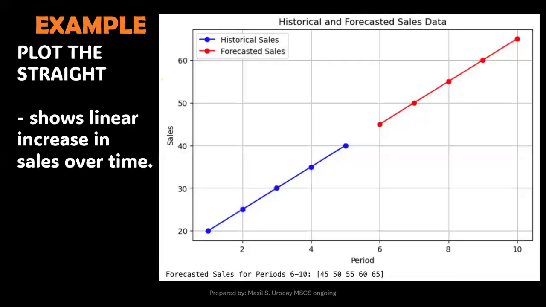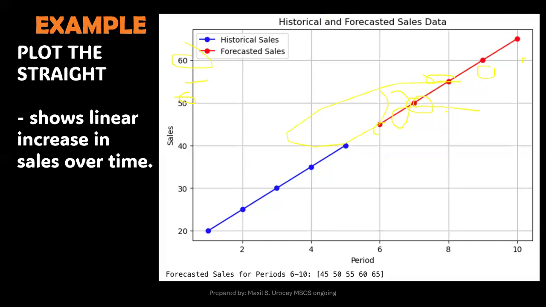Afterwards, the last step, you have to draw everything, since the result is in your forecasted data. Your 6 is 45, your 7 is 50, your 8 is 55, your 9 is 60, and your 10 is 65.